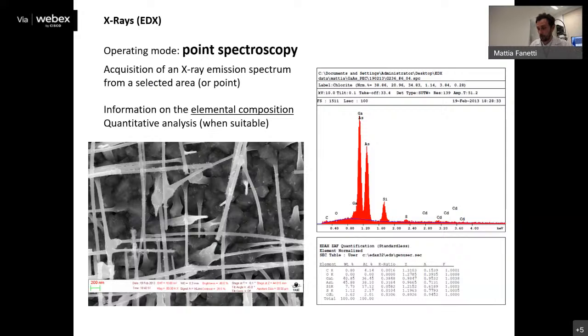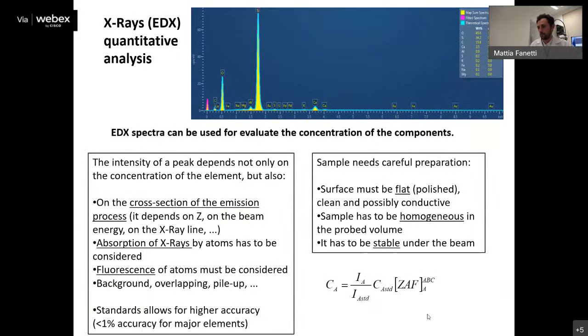But this is valid only because typically this software works assuming some hypotheses: that the sample is flat, so you don't have any morphology, which becomes very important when you deal with low energy lines like oxygen or carbon, for example. These are very sensitive to morphology. Then it assumes that the sample is homogeneous in Z, so that you don't have layers, for example. And of course that the sample is stable.